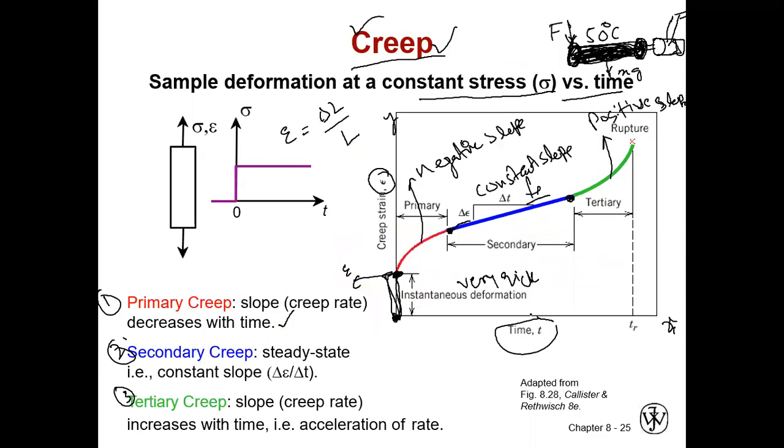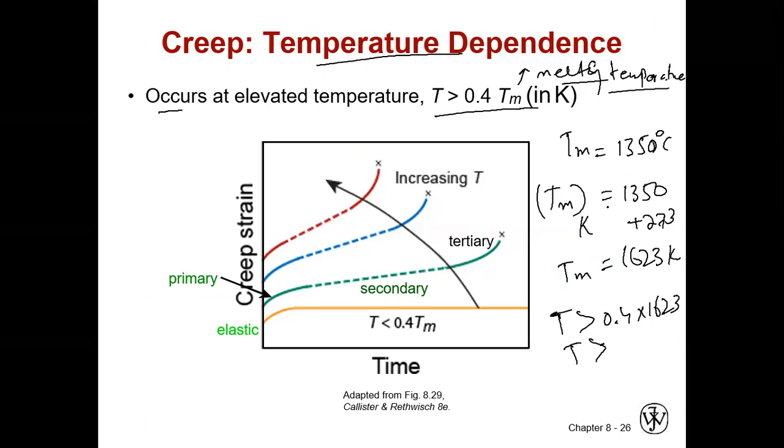So if the temperature is very high and it is 0.4 times its melting temperature, multiplying by 0.4 comes out to be 649.2 Kelvin.